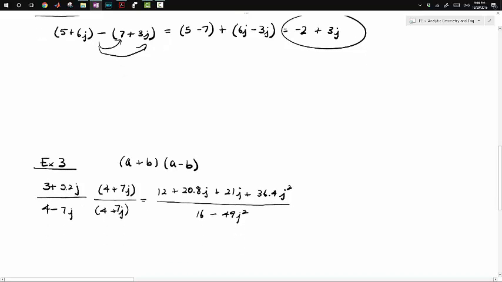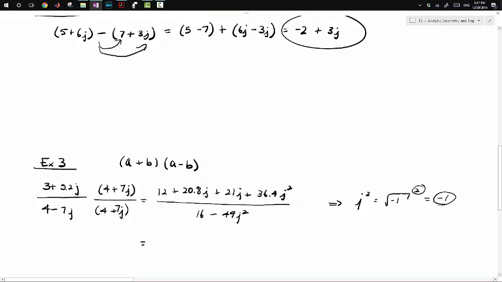So if we want to simplify, the j squared is basically the square root of negative 1 squared. So this square will take away the square root, so we're going to be left with negative 1. Wherever there is a j squared, we're going to replace it by negative 1.